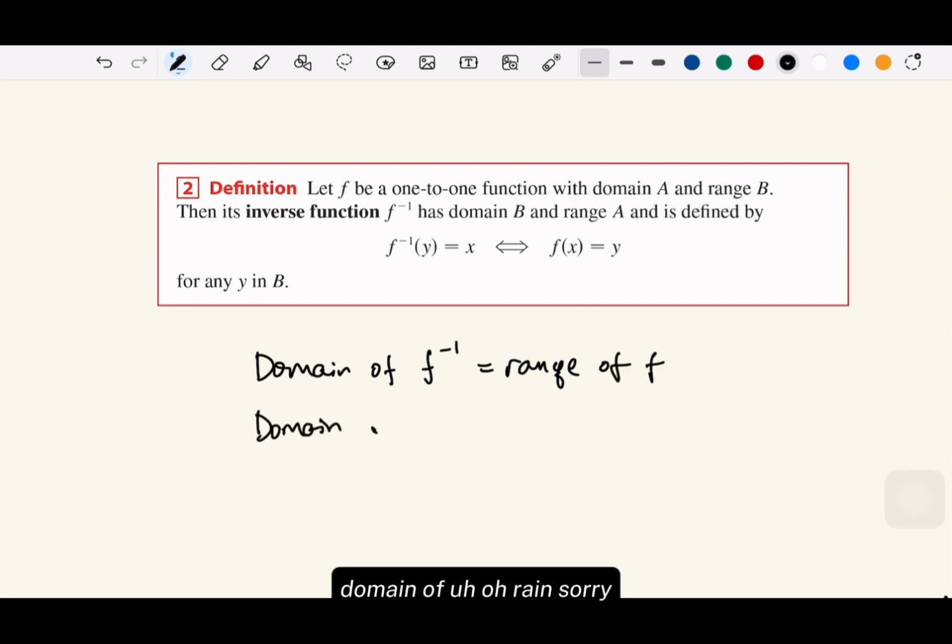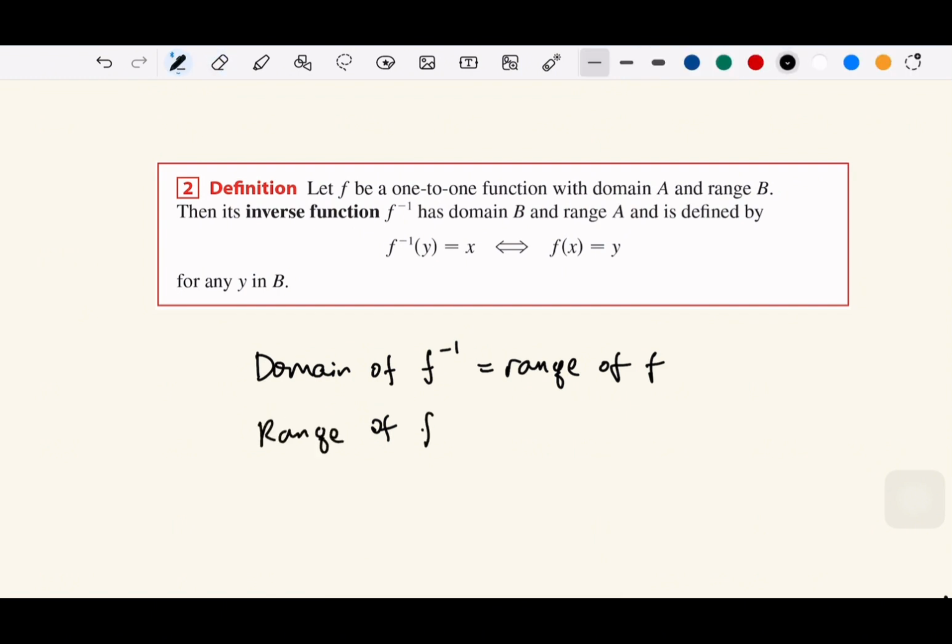And the range of f inverse will be the domain of f.